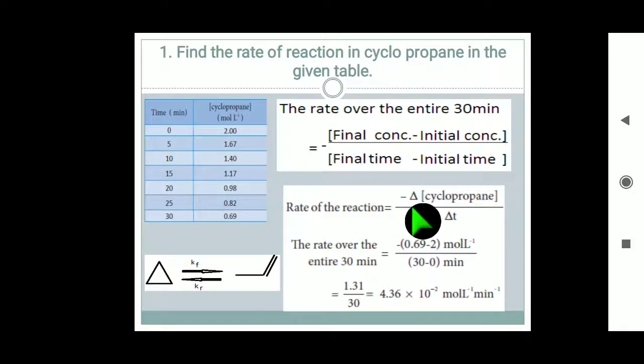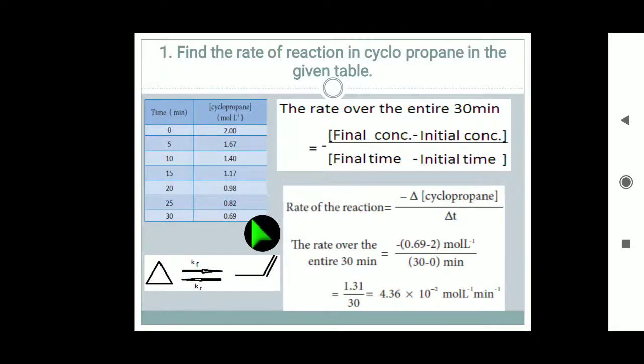So del means change in the concentration divided by change in time. Okay, here the change in concentration, final concentration minus initial concentration divided by final time minus initial time. Okay, just substitute the value.